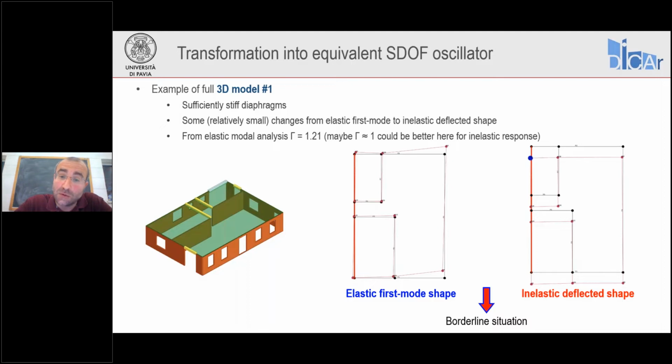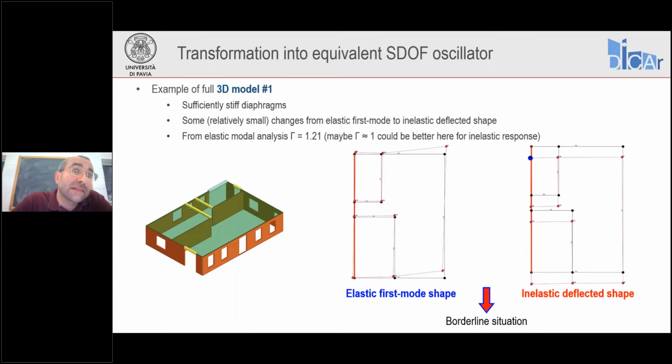If you look at the plan views, transitioning from the elastic first mode shape to the inelastic deflected shape, we can see that in the elastic first mode shape, displacement concentrates on the right-hand side wall, while in the inelastic deflected shape, basically both walls translate by similar quantities. In this case, from the elastic model analysis, we find gamma of 1.21.